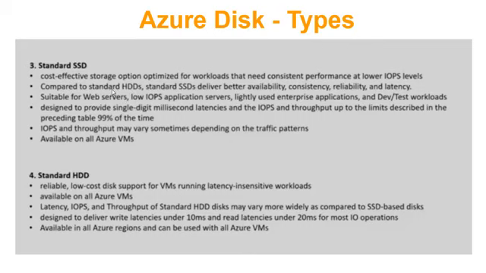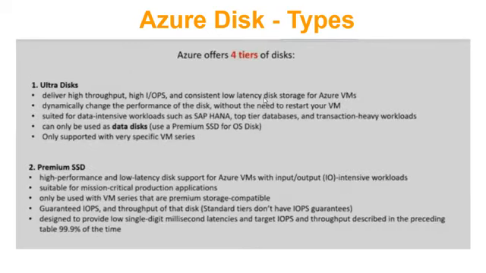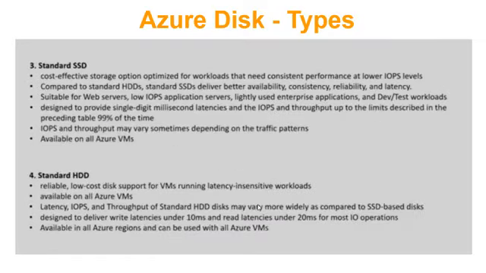And compared to standard HDD, it delivers better availability, consistency, reliability, and latency. So whenever you want less performance than premium SSD, but you want more performance than standard HDD, you can use standard SSD.